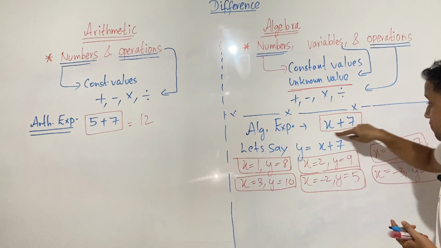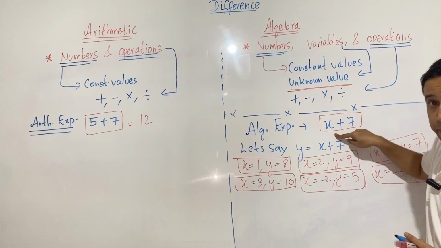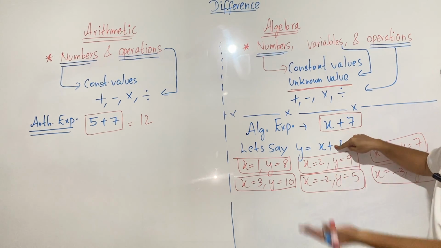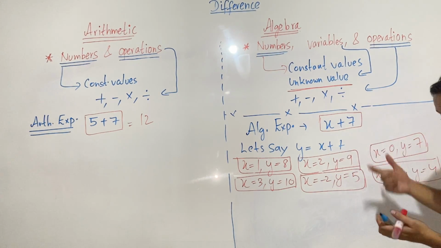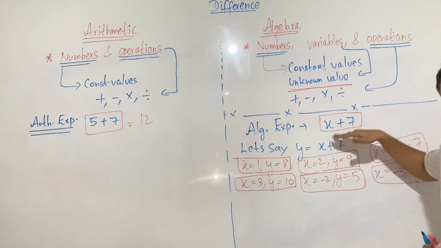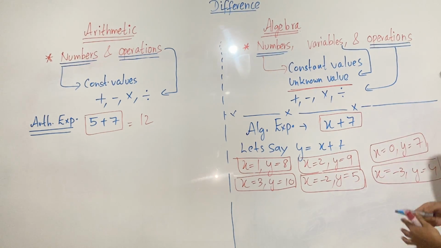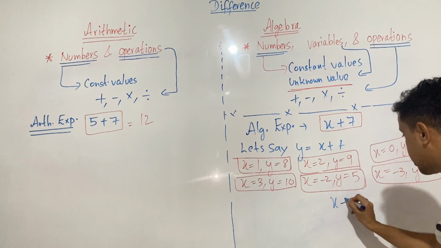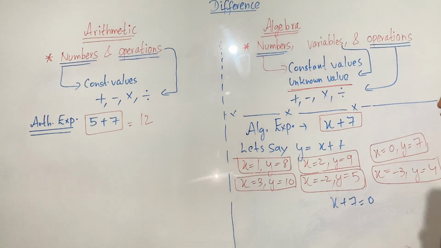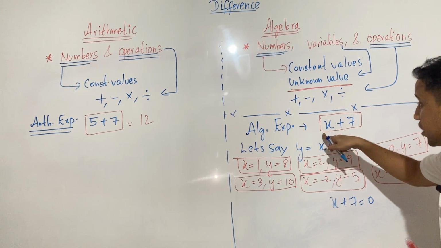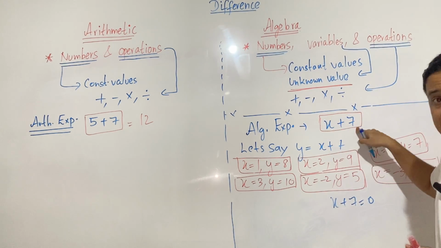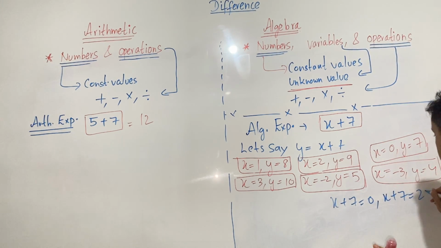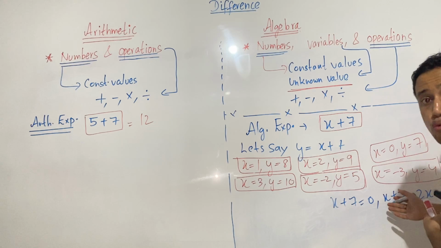If I have to find the value of a variable in this expression, I have to change this expression into an equation. How do we change an expression into an equation? We can put this expression equal to 0, or we can equate it to some other expression, let's say 2x or maybe 2y.